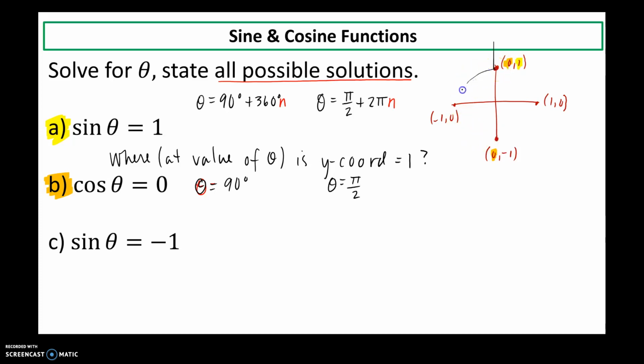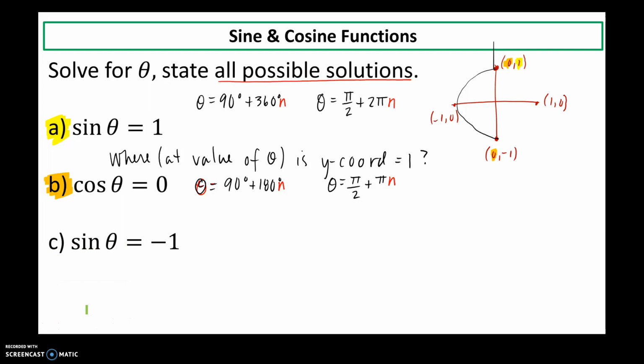I only have to go half of a circle to get to the next value where my x coordinate is 0. So if I only rotate half of a circle, that means I'm only traveling 180 degrees. But I need to account for all the infinite rotations, so I put an N there. And then in radians, 180 degrees is pi radians, and I need to put my N in there to represent the infinite amount of solutions.